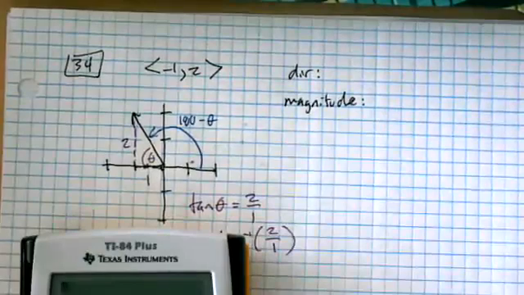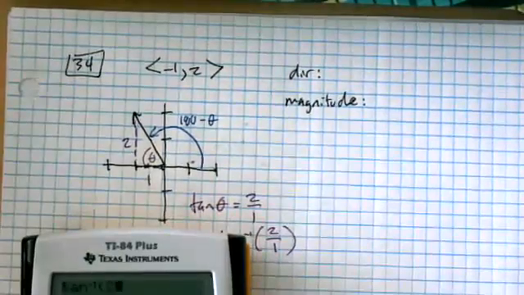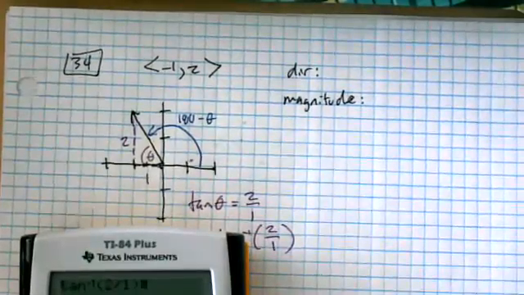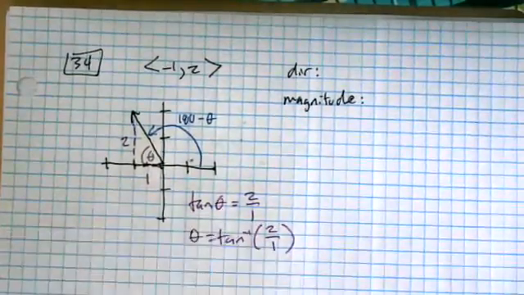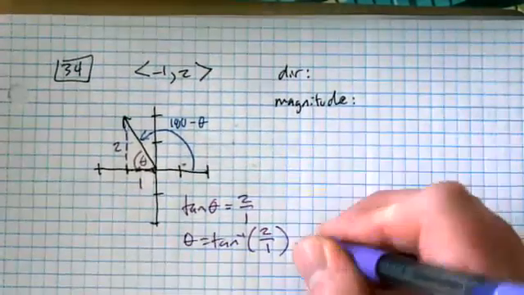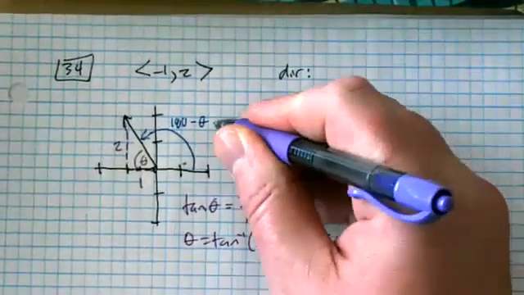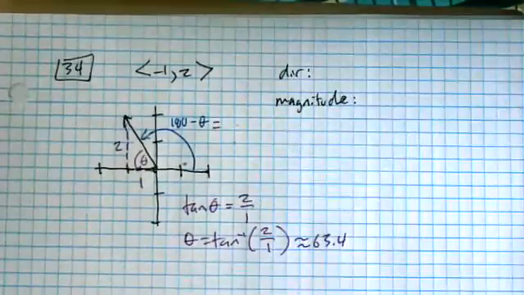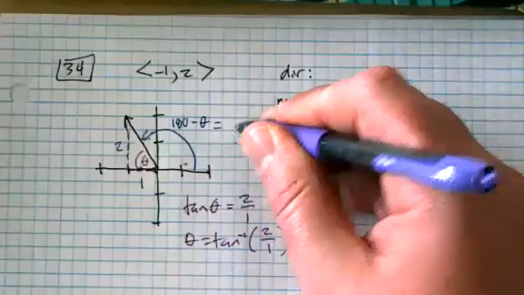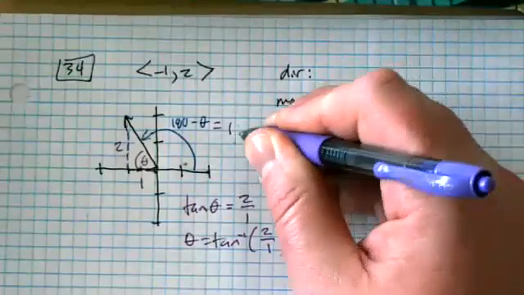Here's tangent 2/1. 63.4 degrees. So 180 minus 63.4 would be, somebody with some good mental math skills help me out. 116.6 sound right?